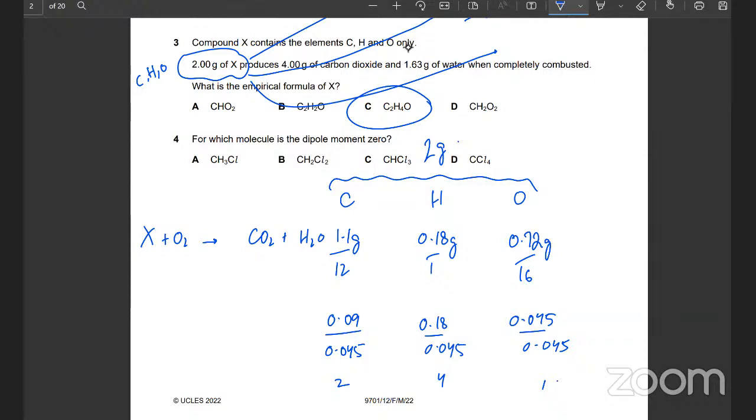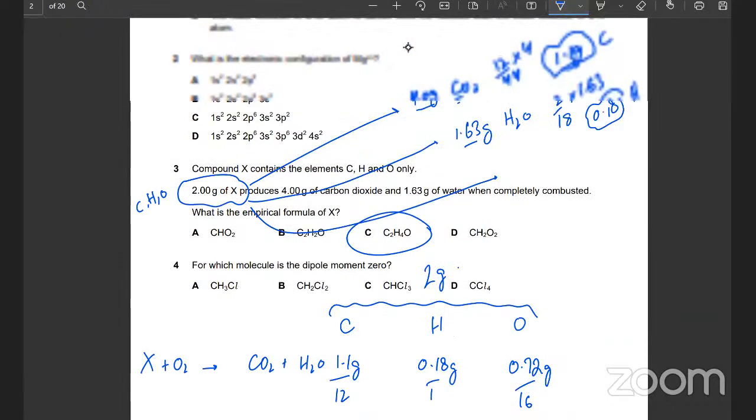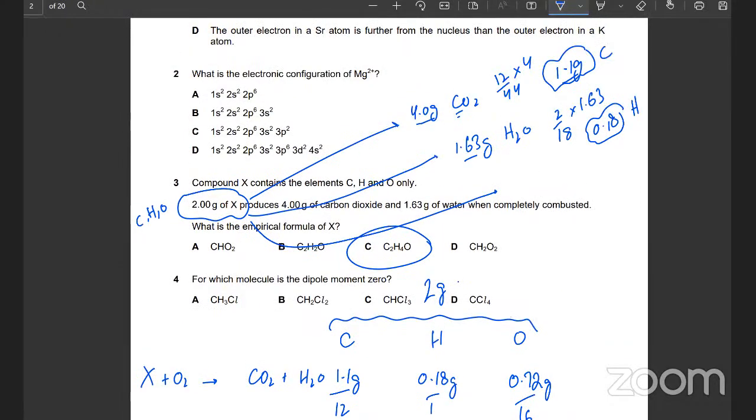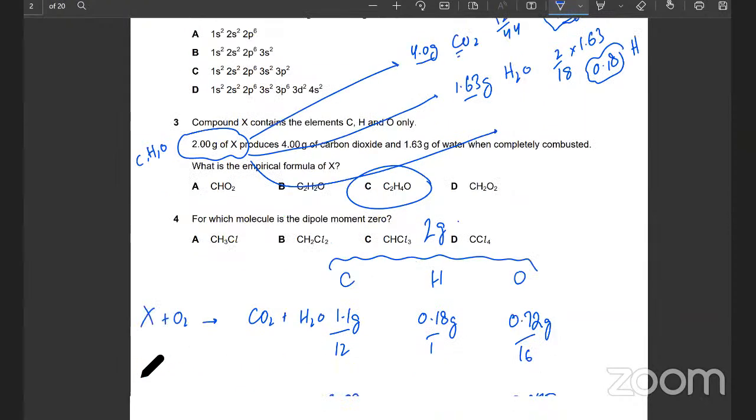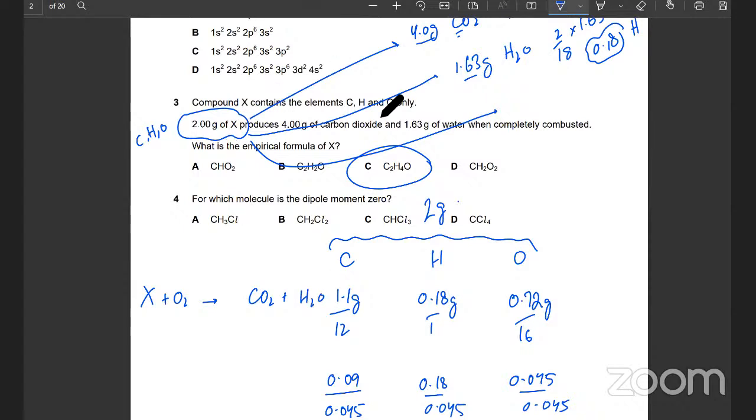I figured out the moles of carbon dioxide, which was 4 divided by 44, and this was 1.63 divided by 18. I could have figured out the carbon and hydrogen ratio in the molecule. The problem came because I also needed to know the mass of oxygen, which is why I had to do it this way. Okay? Thank you.